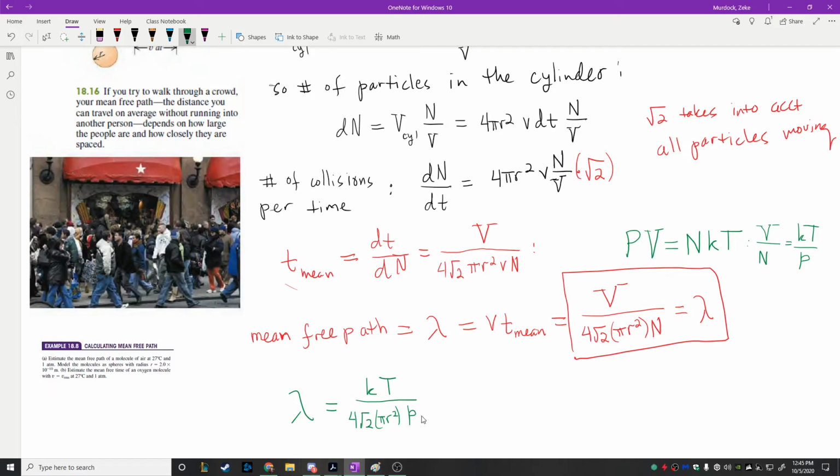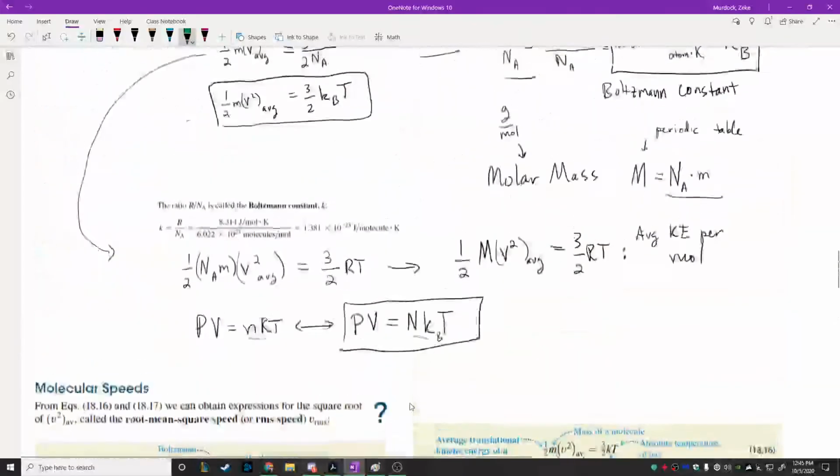It's also inversely proportional to pressure. If the pressure is really high, then the mean free path is going to be short. And if the pressure is low, then the mean free path is going to be larger. These things are all connected to each other. Temperature is directly connected to velocity, and pressure was also related to velocity.